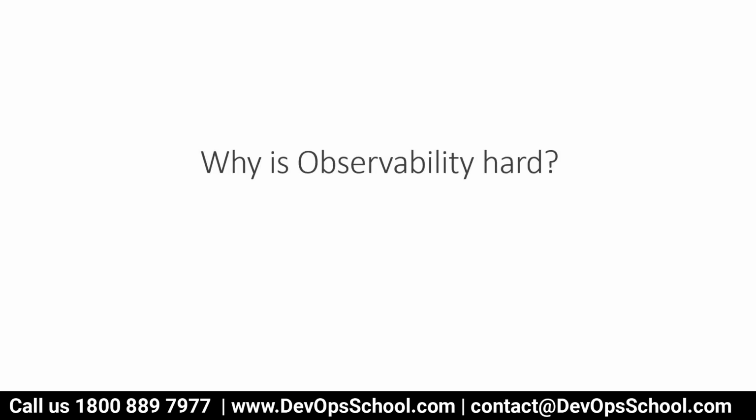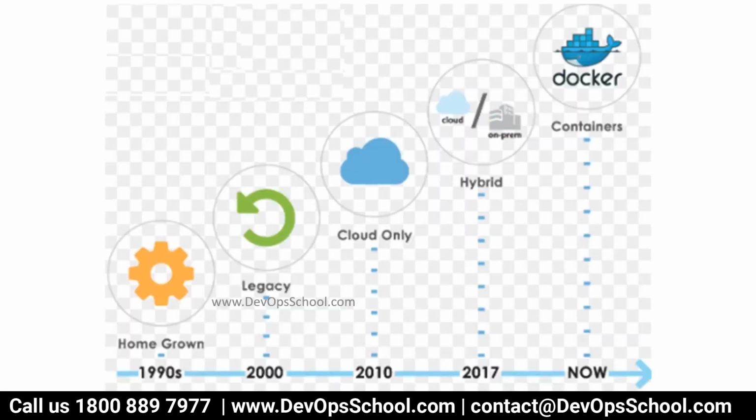So now the question is also, monitoring was also hard. Nagios and Prometheus and tools like that solved it. But observability is also hard, because you look at the evolution of computing. Earlier, we were running applications on legacy hardware like desktops and servers.